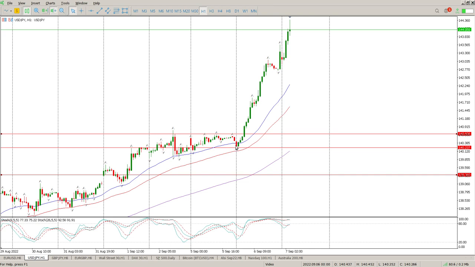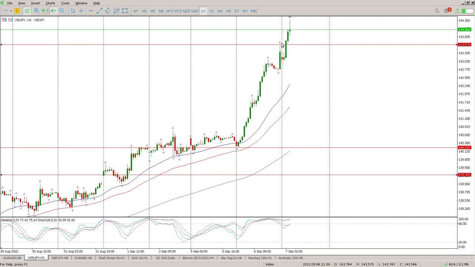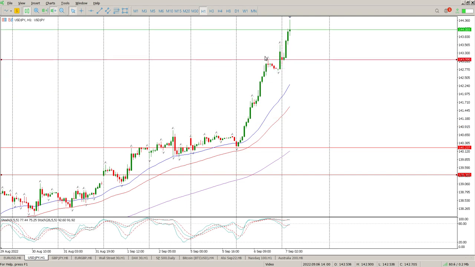It pretty much formed early in the session, and what we were looking for is a retest of that, or a break and retest of 146.86. That did not materialize. We just continued one-way traffic to the upside. So for me, you're looking at the high of yesterday for potentially a move to the downside.